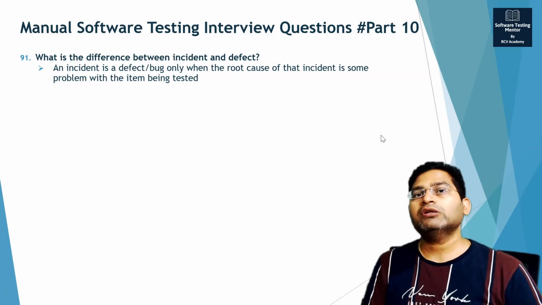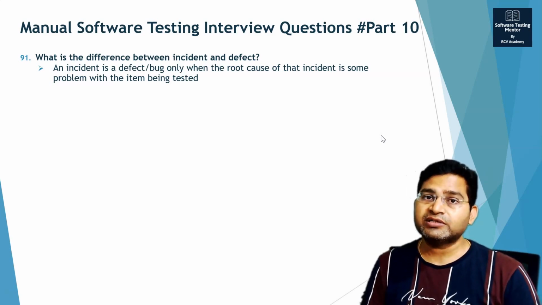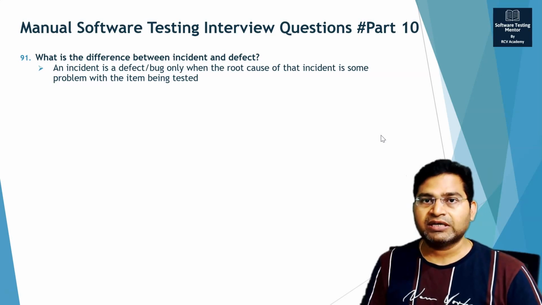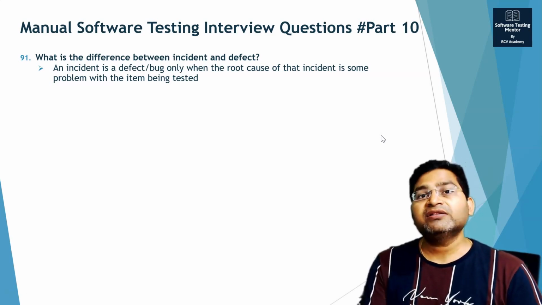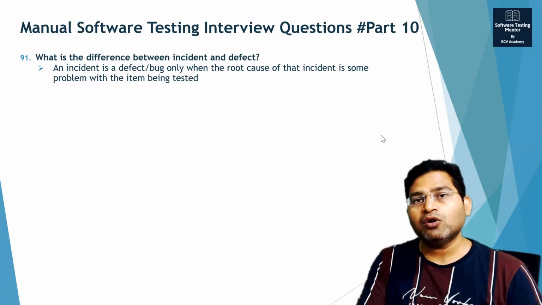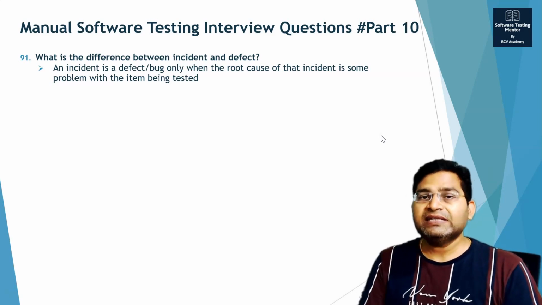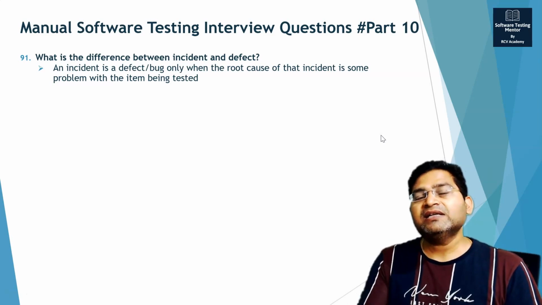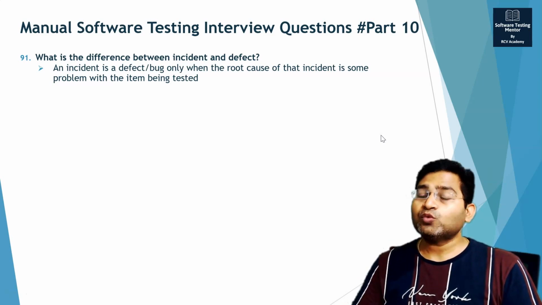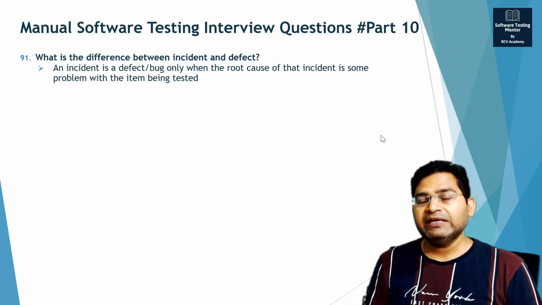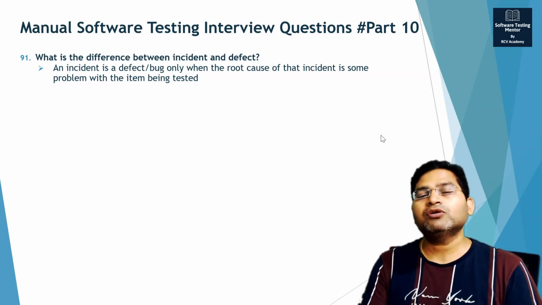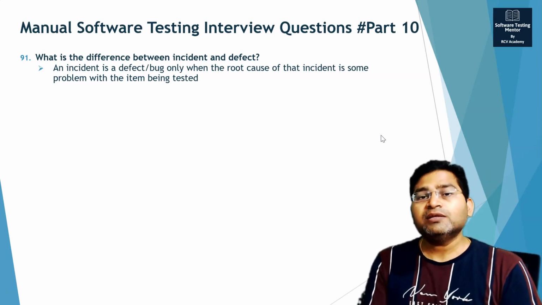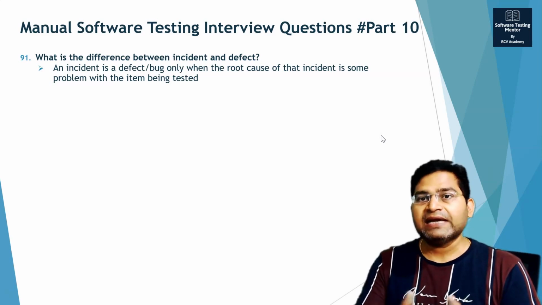The steps or the data that the tester is following are themselves not correct. Or maybe the person is not testing the application in the right test environment. Any of this can lead to an incident, right? And that incident will get converted to a defect only if the root cause is an actual issue with the software or with any of the requirement or design. So that's the basic difference between incident and defect.